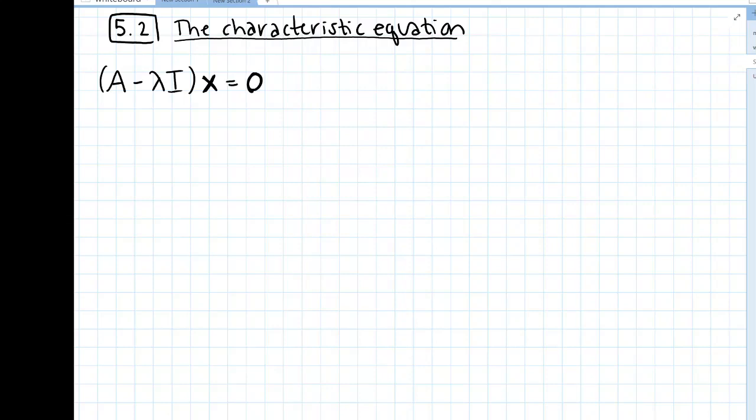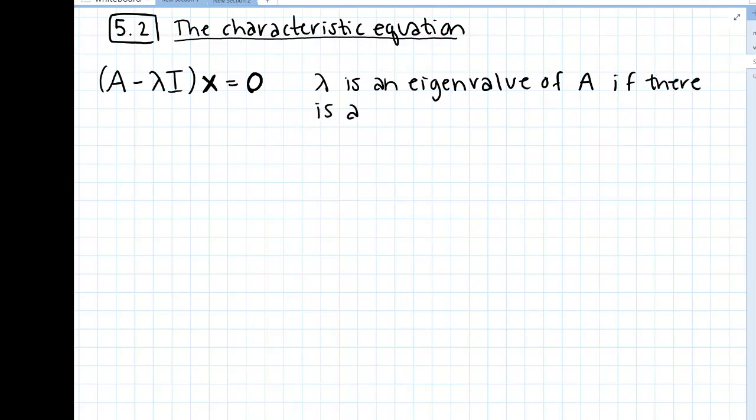One of the things I had written down is that lambda is an eigenvalue of that matrix A if there is a non-zero vector x satisfying the equation.